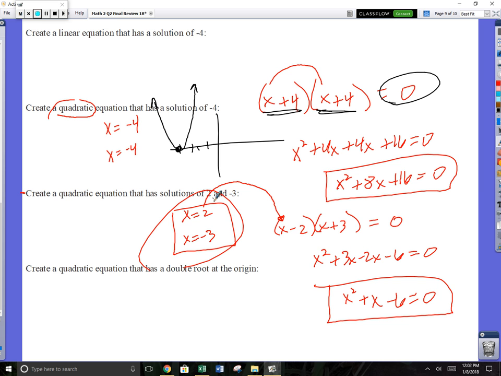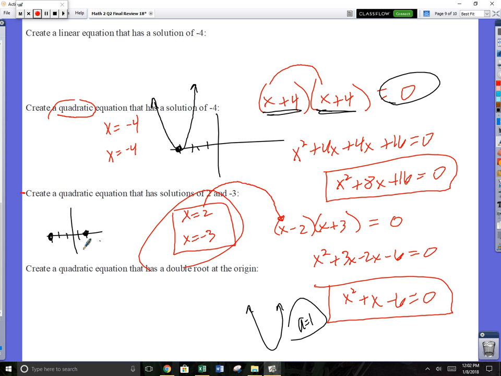This guy, your solutions are at 2 and negative 3. That looks like this. One of them is at 2, and one of them is at negative 3. We're not really sure where the vertex is. We do know that your A is positive, so it opens up like this.